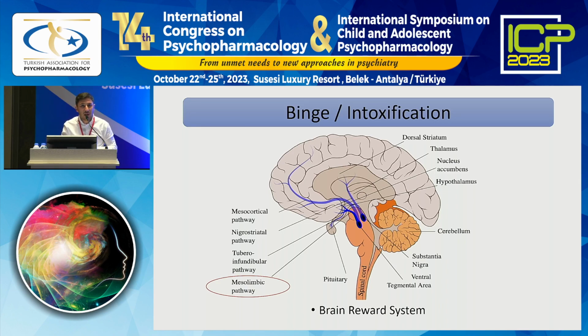Dopaminergic neurons are also comprised here. As a result of the acute effect, this pleasure-oriented behavior is essentially based on the mesolimbic dopamine pathway activation.